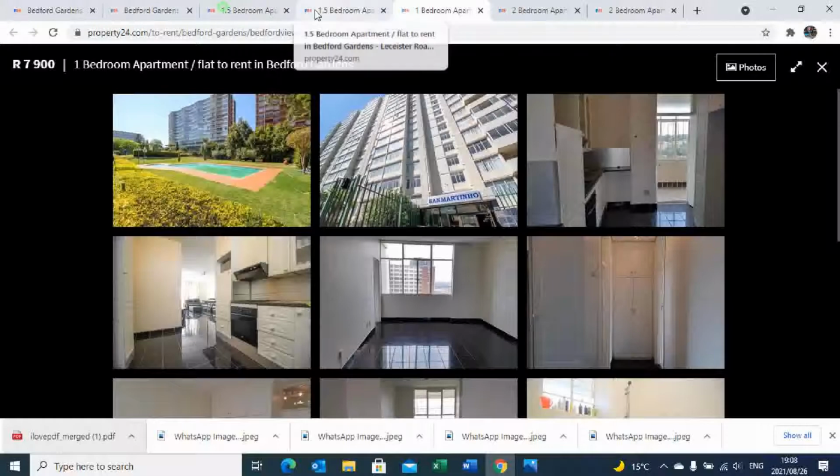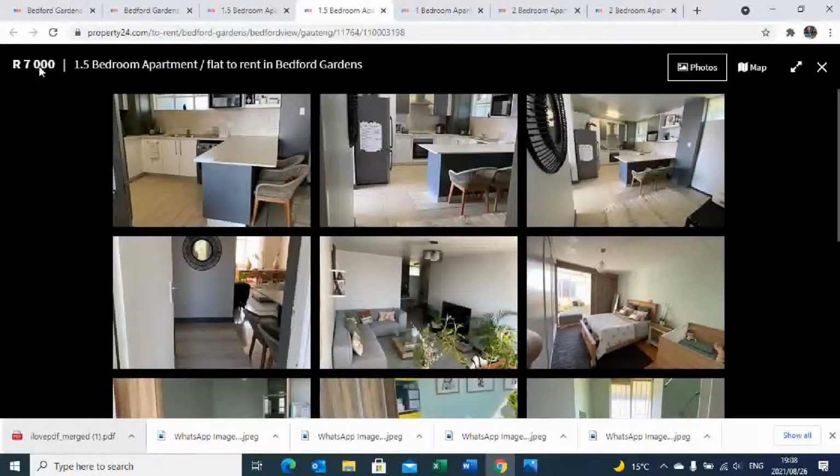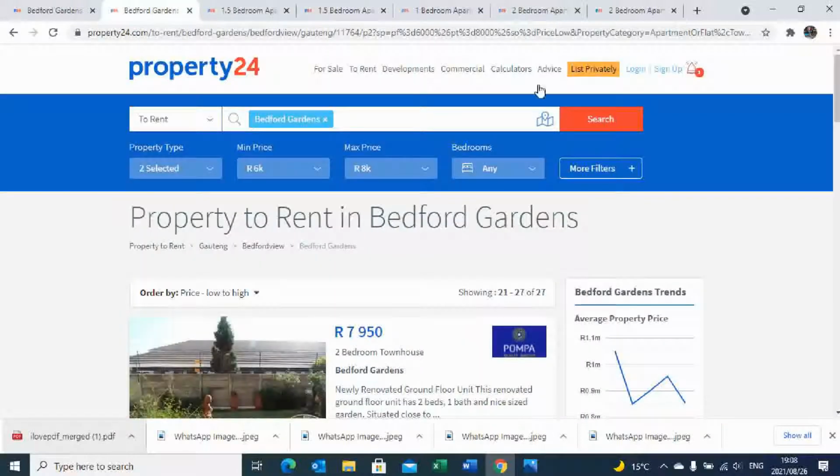But if it's closer to 7,000 and even the color scheme is almost the same, you want to be as close as possible. So either you put it par on par at 7,000, or maybe slightly lower at 6,900, so that you can get a tenant before this guy can. We've seen the activity, 27 units, it's a lot.